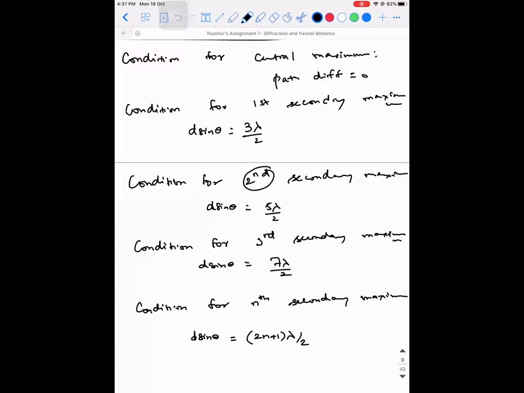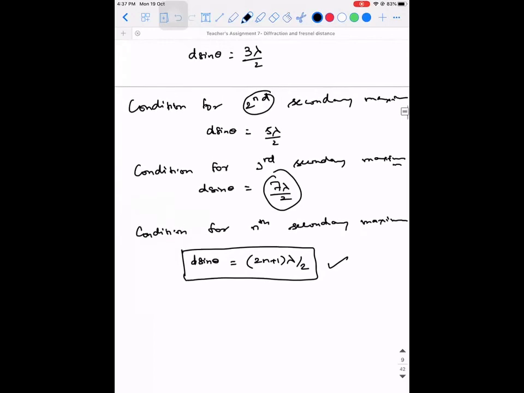So for second, 5 lambda by 2. If you put 3 here, it will be 7 lambda by 2. That is the condition for third. Got it?